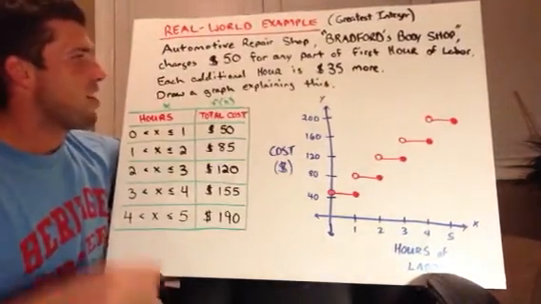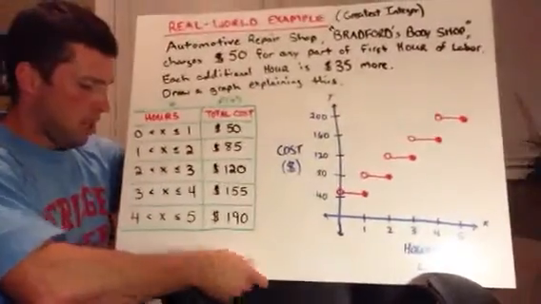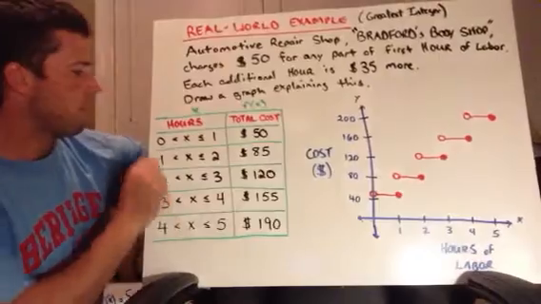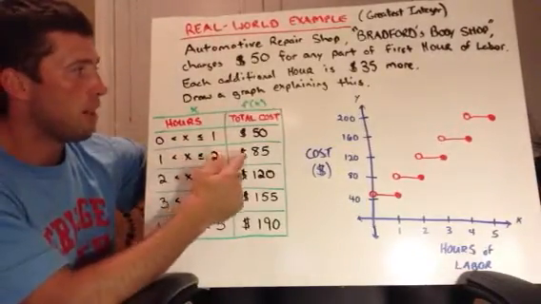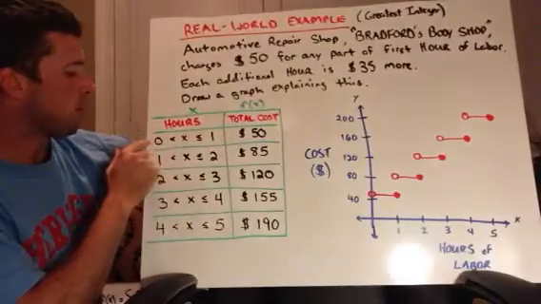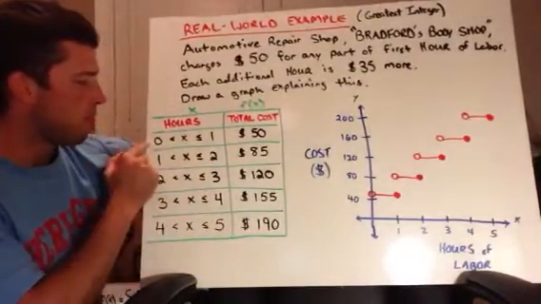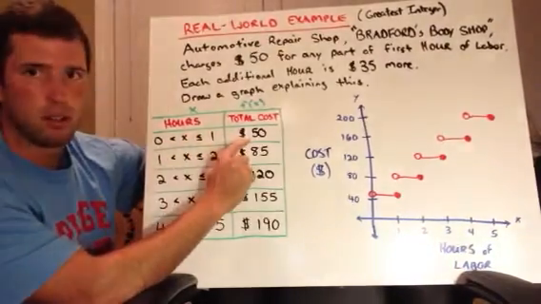So if we draw a graph explaining this, I want to first start with a table. If you think about my shop, on the X column, I have hours. On the right, on the Y, f of X, I have the total cost. So on the hours, if you show up at 0 and you stay until 1 hour, I'm going to charge you $50.